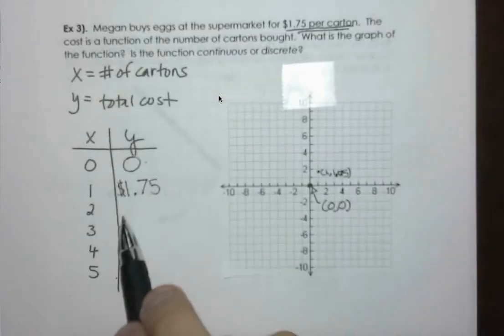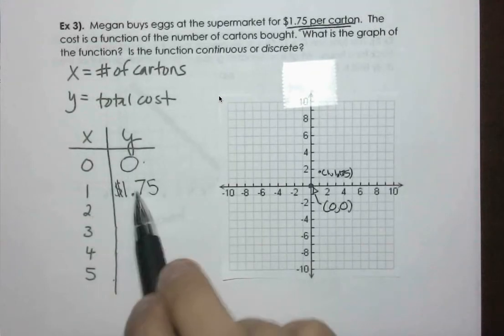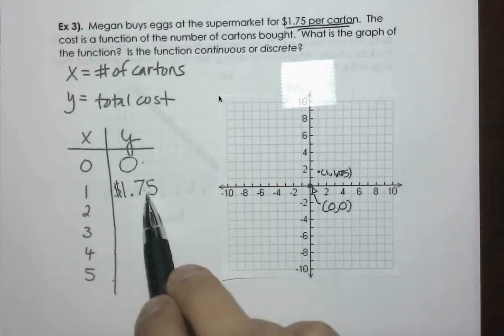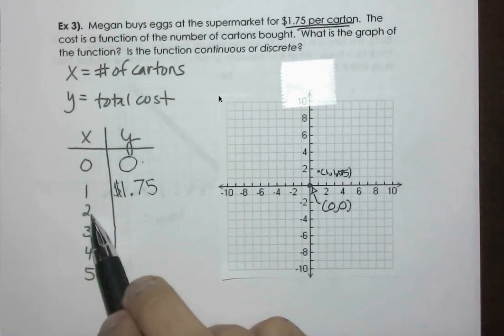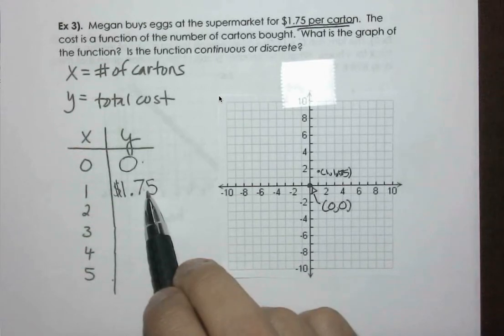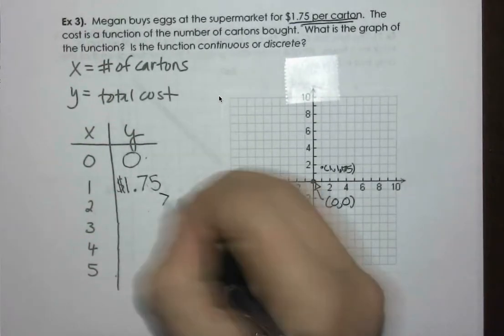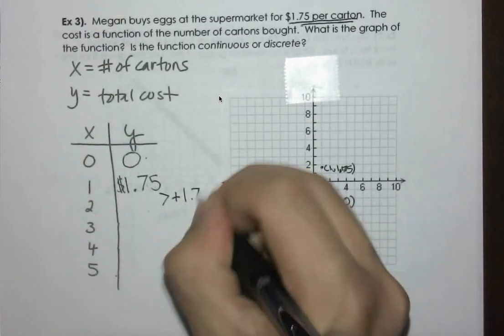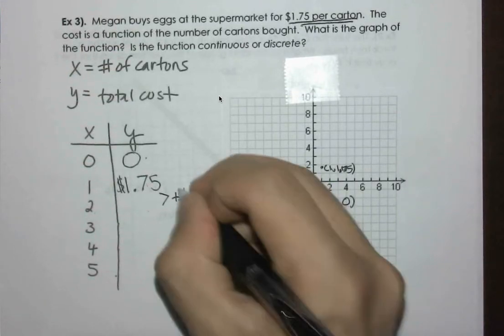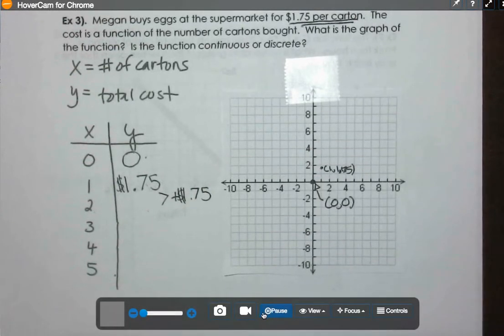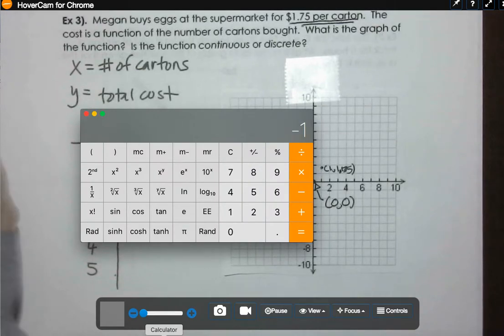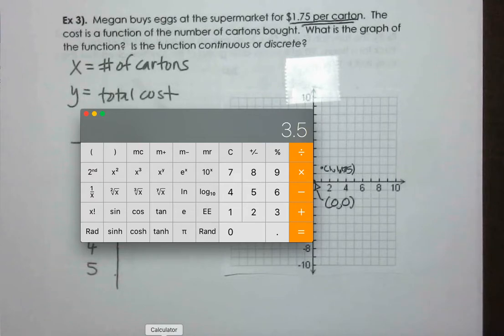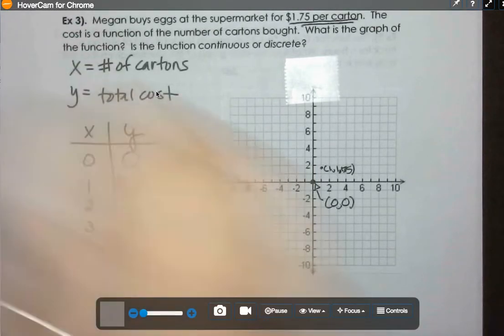With the next point, let's think this out. How much is this going to increase if we just buy an additional carton of eggs? We already have one. Well, this should just go up 1.75. If you need a calculator for this, this is pretty easy arithmetic. Just 1.75 plus 1.75, 3.5, seen here.